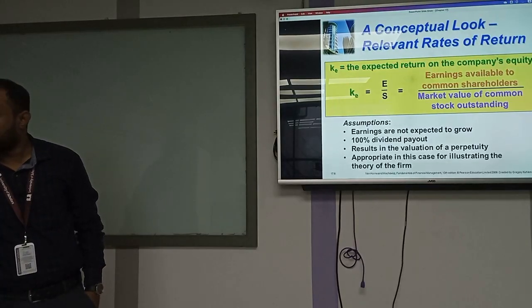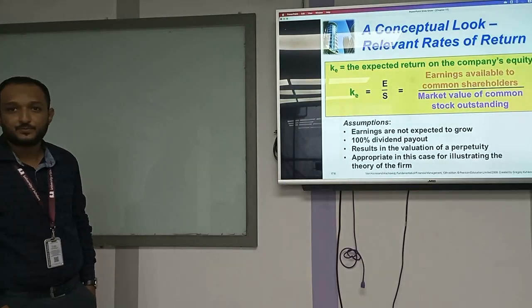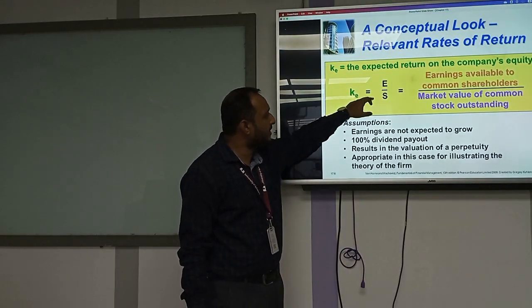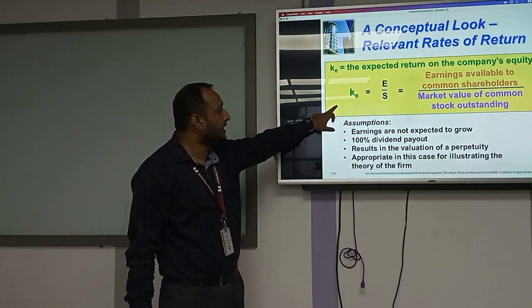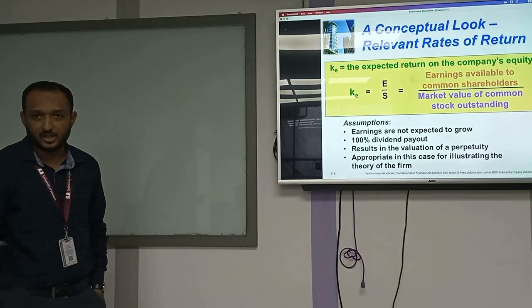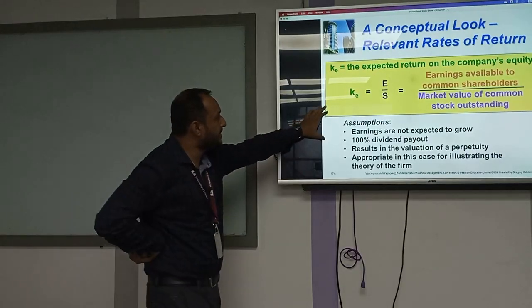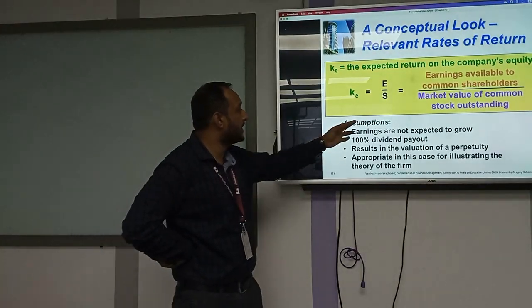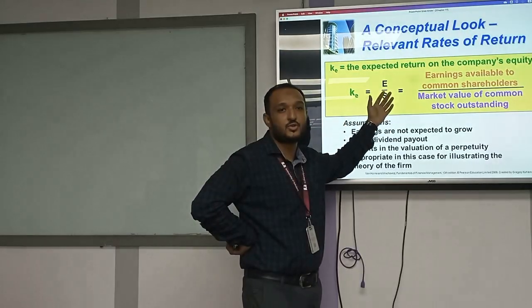For shares there must be a cost, the expected return on the company's equity, KE, cost of common equity or cost of equity, whatever you say. The formula for KE is E divided by S. E is the earnings available to common shareholders.